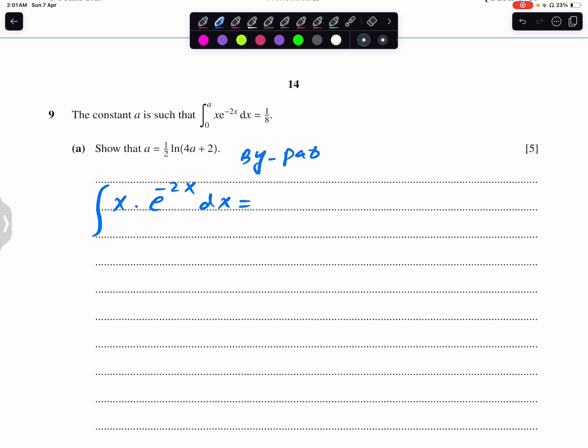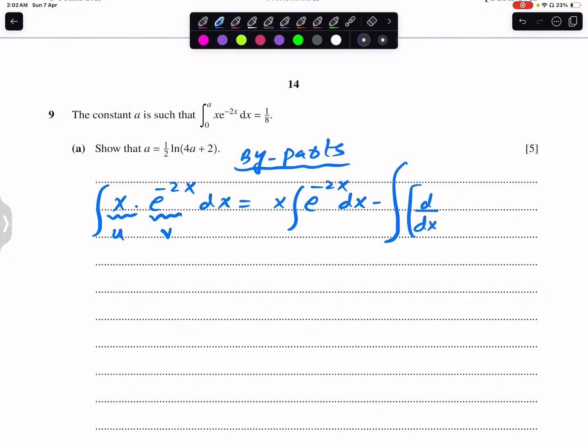By parts. So consider this as derivative function and this as integral. Now x times integral of e raised to power minus 2x dx minus a little bit of large integral and then derivative of x dot integral of e raised to power minus 2x close bracket and then dx.